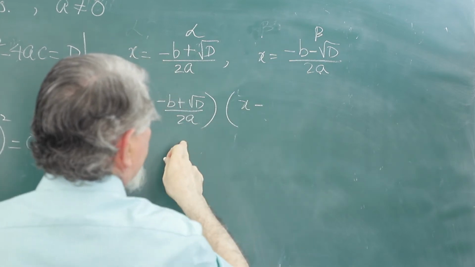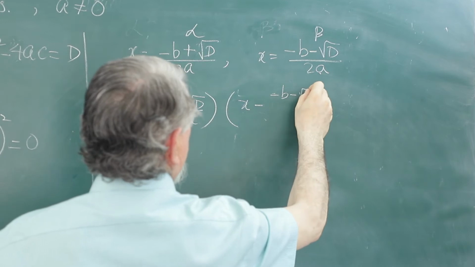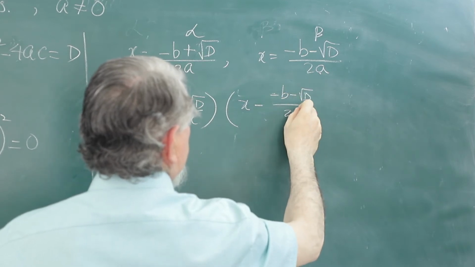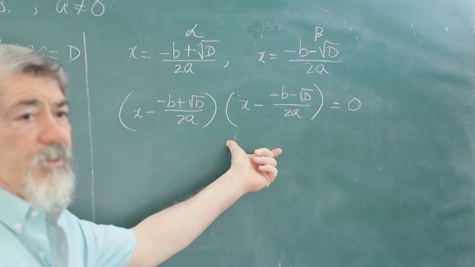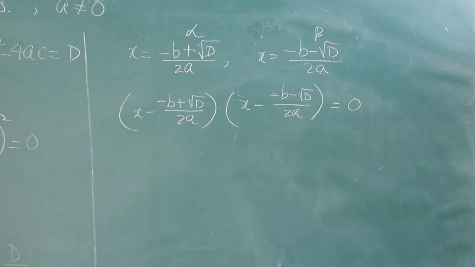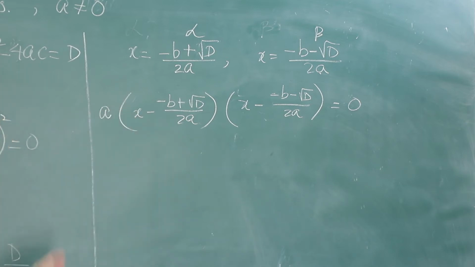So x minus alpha, x minus beta is equal to 0. The product of these two will be equal to 0, because that is how we obtained these. I could have brought it to this side like I brought it in this, and a was originally there. a cannot be equal to 0, but it was part of the equation.